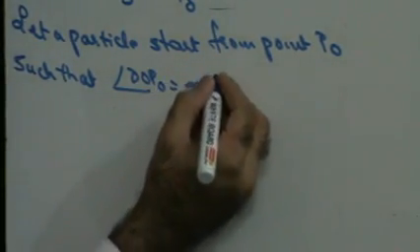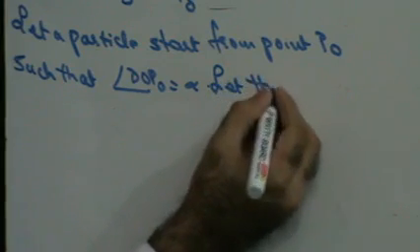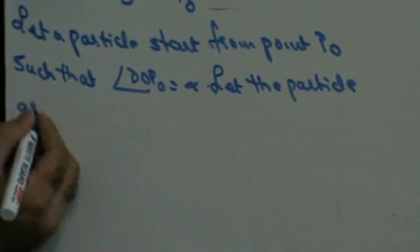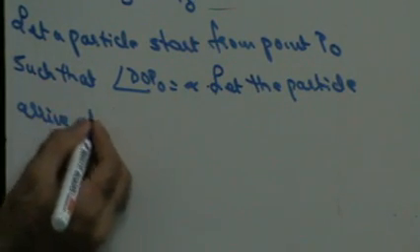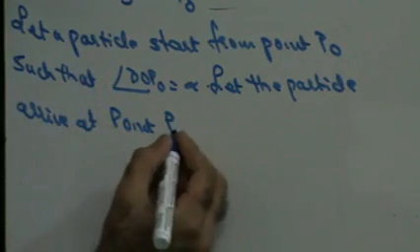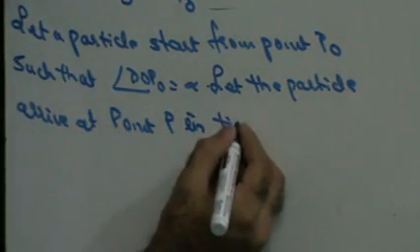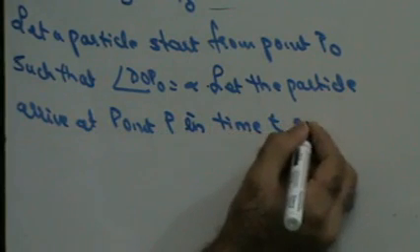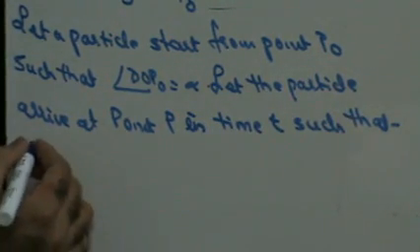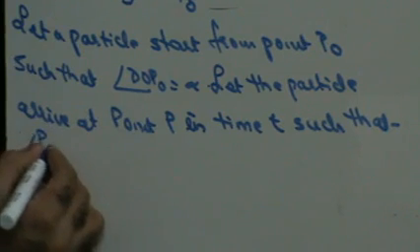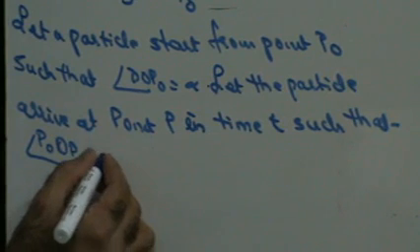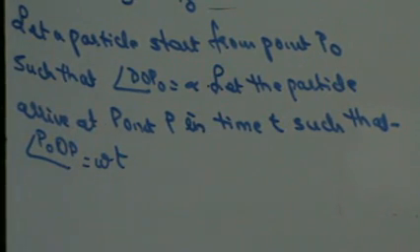Now let the particle arrive at point P in time t, such that angle POP0 is nothing but omega t, right?